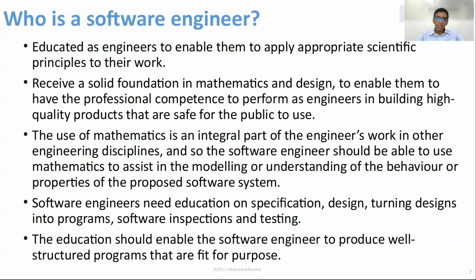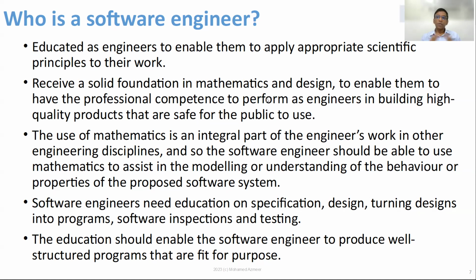And the software engineer needs education on specification, design, turning design into programs, and then software inspection and also testing. So an engineer requires all these skills, isn't it? How to understand, how to develop a specification, how to design something, how to turn the design into programs, that is how to do the coding, and also inspection of the software and also testing.